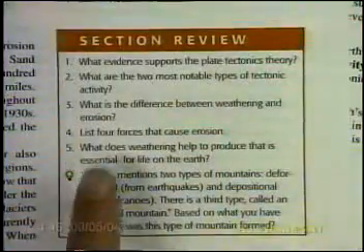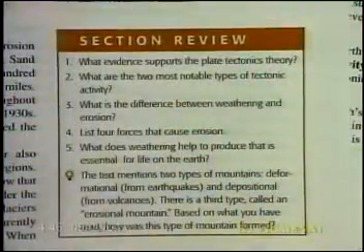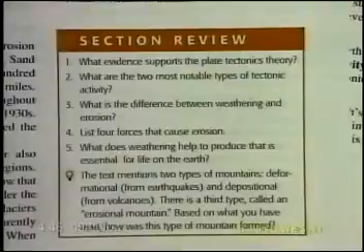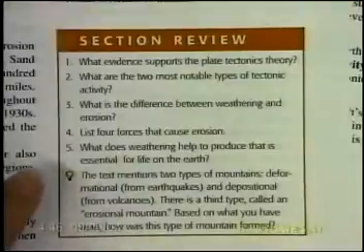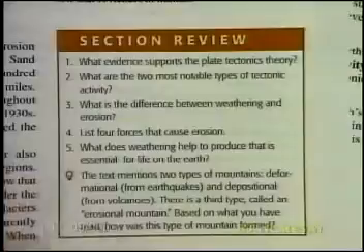For forces that cause erosion, well, I just listed those for you. Number 5, what does weathering help to produce that is essential for life on the earth? I don't think I mentioned this specifically, but if you think about the rocks being broken down and the material swept away, it creates sediment or soil, and that's of course necessary for plants to grow in.